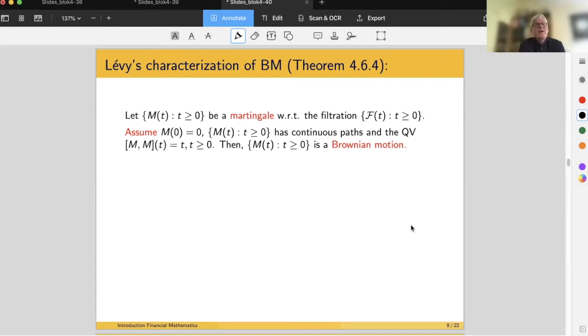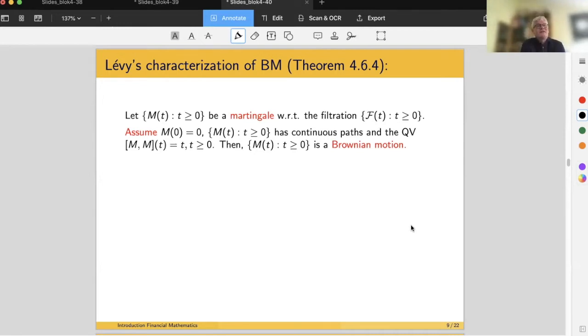So the variance of M_t minus M_s, s less than t, is equal to t minus s. So that is lacking here as compared to the usual definition of Brownian motion.